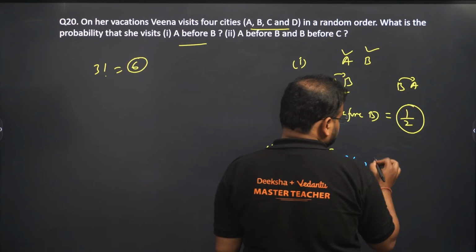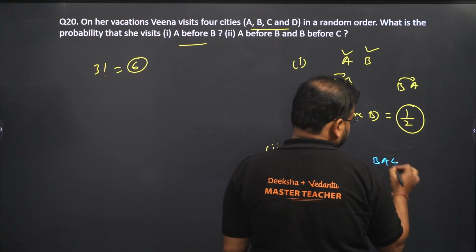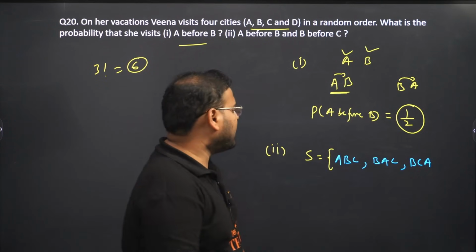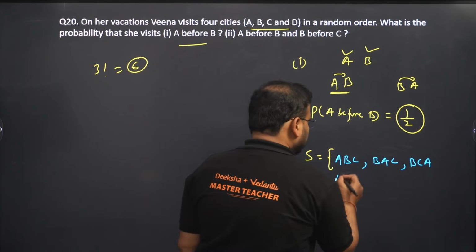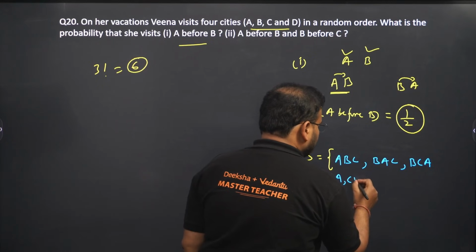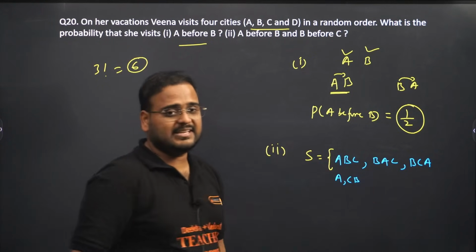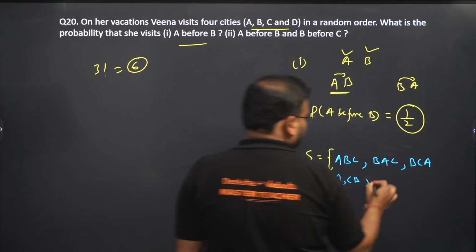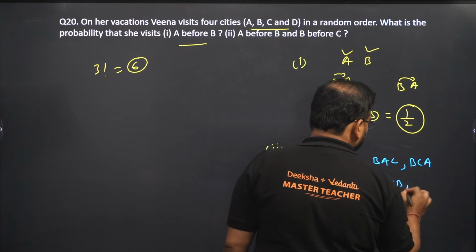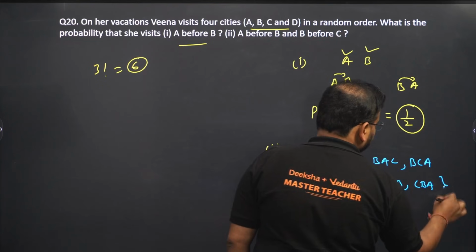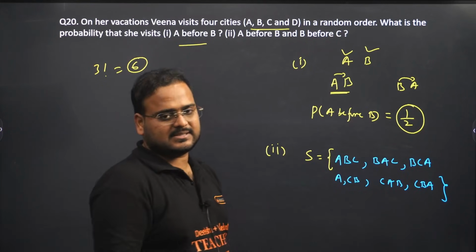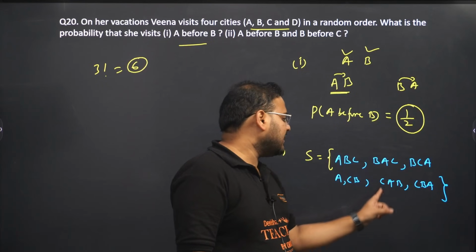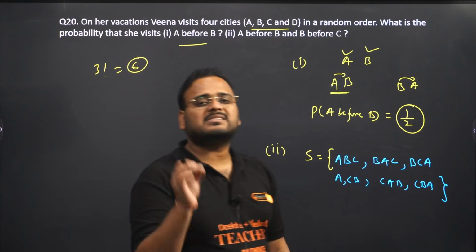If I have ABC, I'll have ACB also. Then BAC and BCA. Then CAB and CBA. These are my 6 sample spaces: ABC, ACB, BAC, BCA, CAB, CBA.